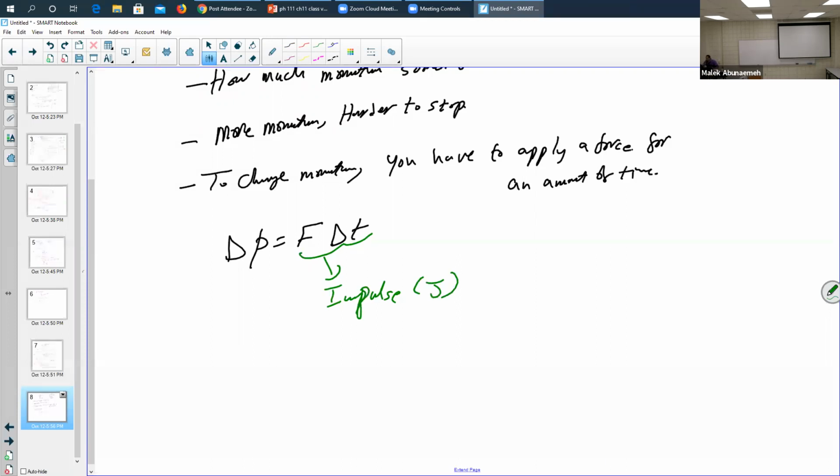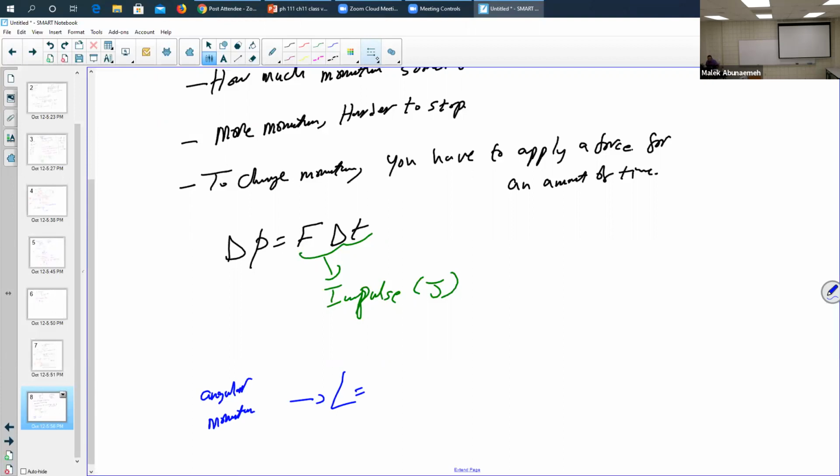Now, your angular momentum, we give it the letter L. And the reason that we give it the letter L, the best explanation I got was because they ran out of letters for the physics variables and decided that's the only one they have left and decided to give it to angular momentum.